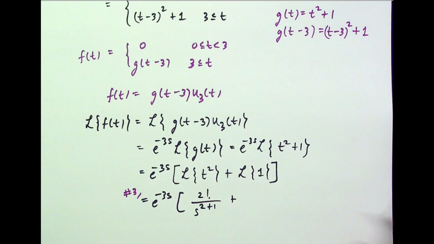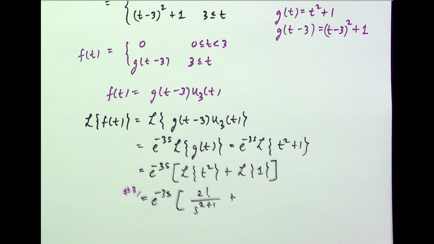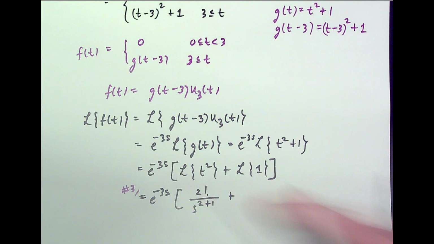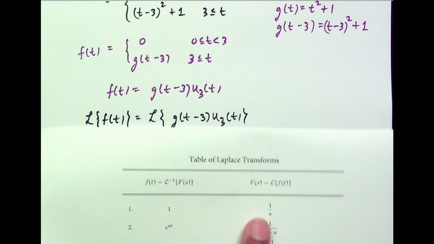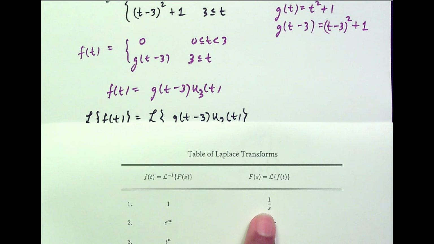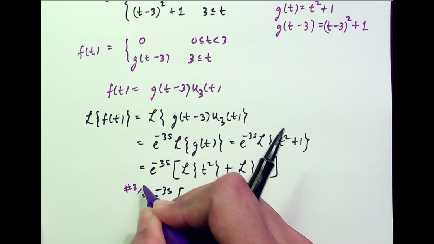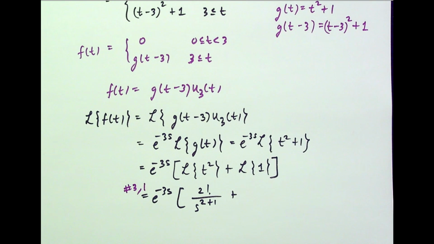You can just write s cubed right away, so you don't have to write the whole thing. And the Laplace transform of 1 is 1 over s. So I'm using entries number 3 and 1.